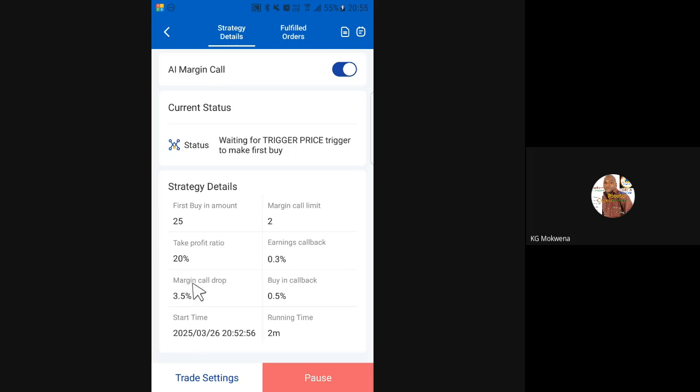And now, business partners, one other thing that you're going to love with the preset buying price is that you also know the age of your position. You can see the running time there. This is 2 minutes old. It's been set, and you know the time at which this was set, and you are able to review positions.